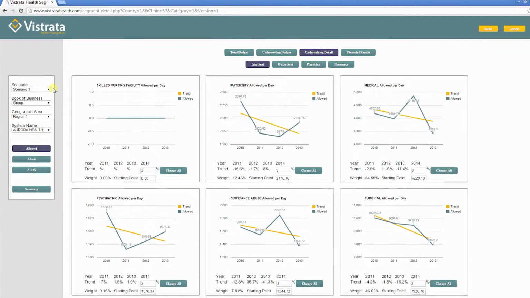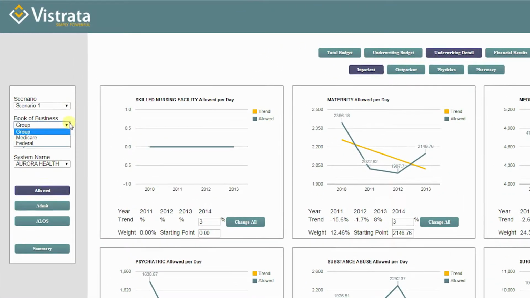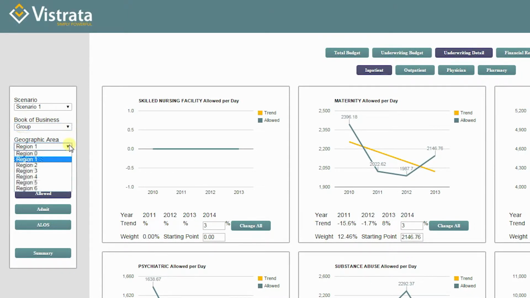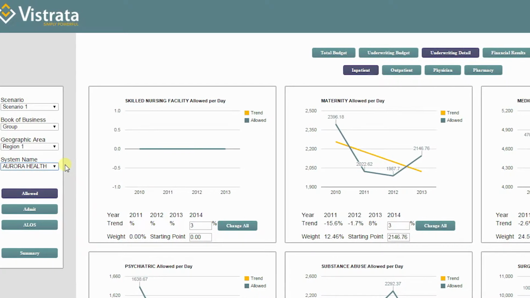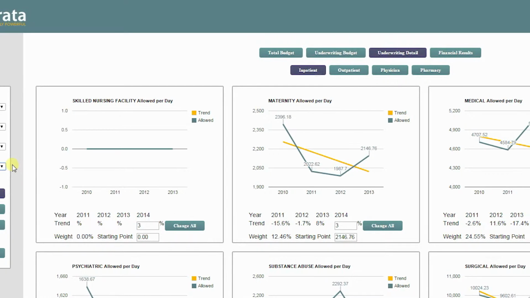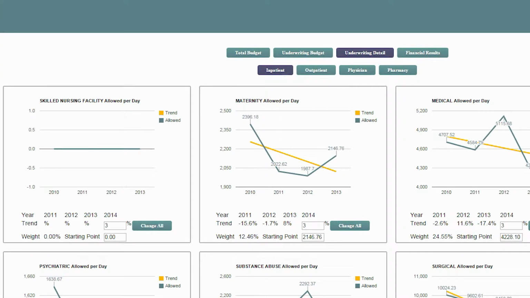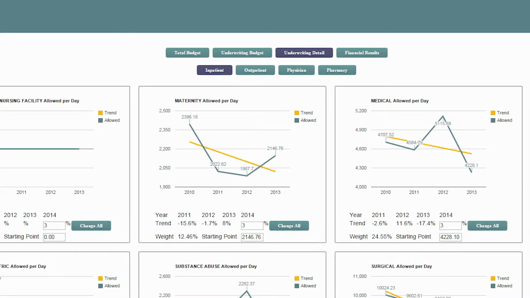On the left side of the page, the budget is separated based on the scenario that you're working on, which includes book of business, geographic area, and the provider of service. These scenarios can be completely defined by you. Yet another benefit of Vistrata is that it provides you with the view into your health plan's major providers without needing to scroll through endless spreadsheet cells.